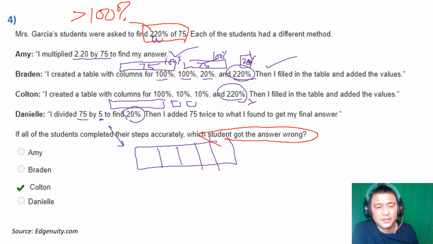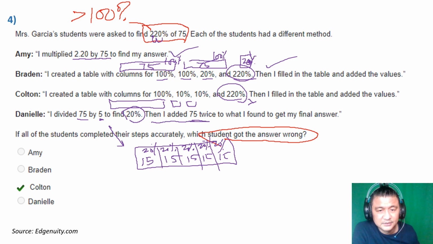So each one represents 20%. Each part is what? 15, 15, 15, 15.